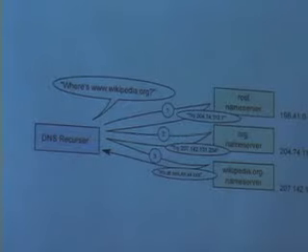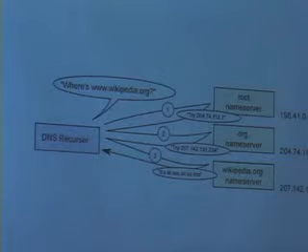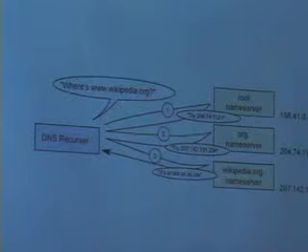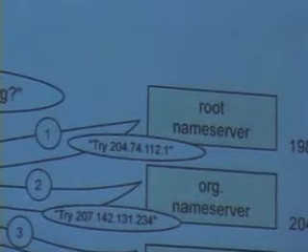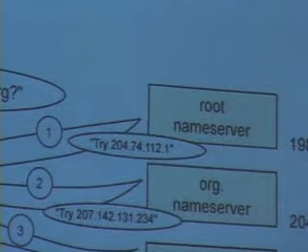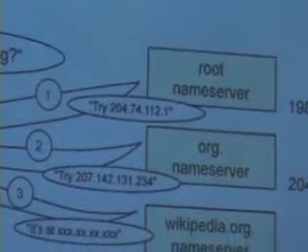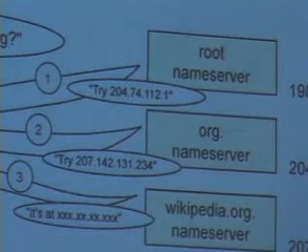And the root servers will tell Harvard whom to ask next for the answer to the question, what's the IP of wikipedia.org? In this picture here, that root name server says, you know what, try 204.74.112.1. Well, whatever. But that apparently is the IP address of a name server called the org name server, the guy that knows about all of the orgs.